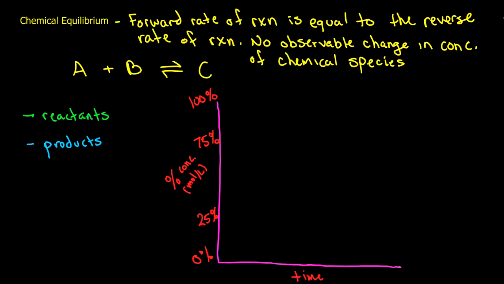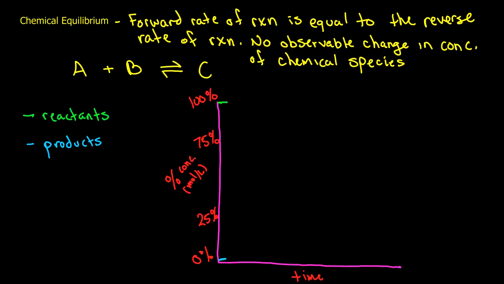So at the start of a reaction, before you mix all your reactants together, what would you think the percent concentration of your reactants would be? Well, that would be 100. You haven't consumed any reactants, so at the start of your reaction, your reactant concentration is 100%. Since we haven't created anything, that means your product concentration is 0%. Now, once you mix the reactants together and actually cause a reaction to take place, what happens to the concentration of reactants?